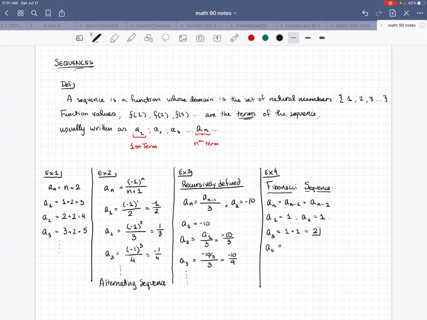So that's 2 plus 1, which is 3. A sub 5 is the sum of the third and the fourth term. So that's 2 plus 3, which is 5. And just to get the gist, a sub 6 is the sum of the fifth and the fourth term. So that's 5 plus 3, which is 8.